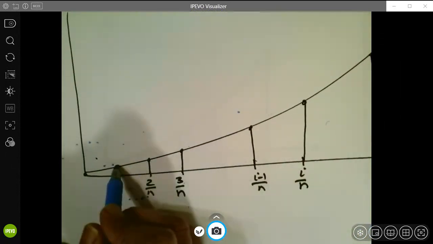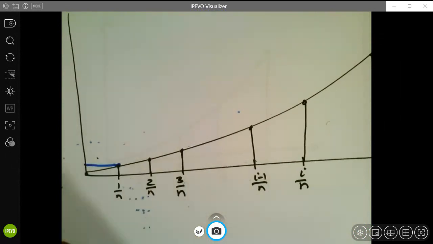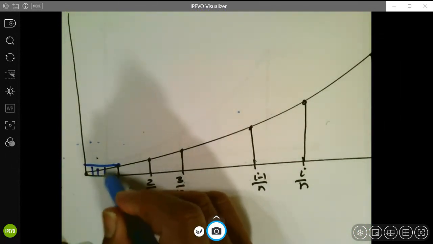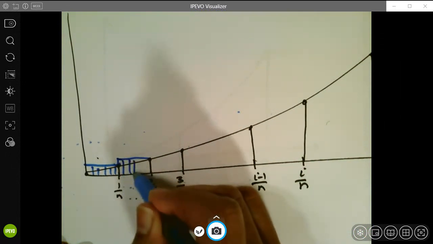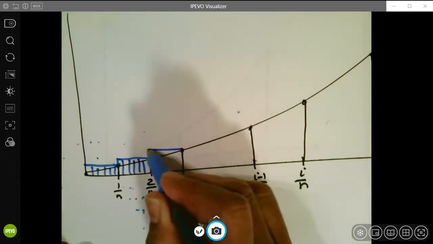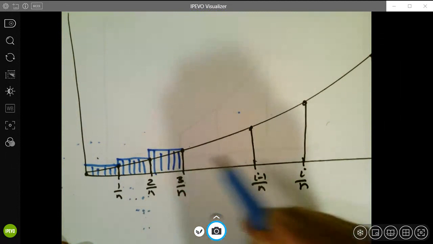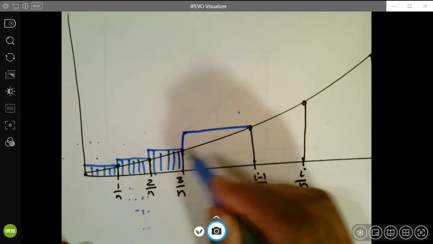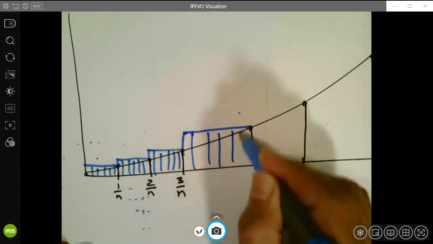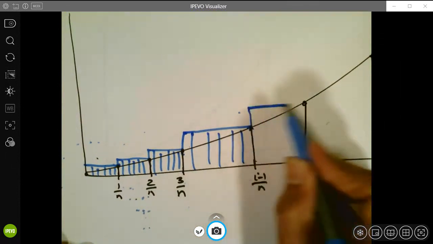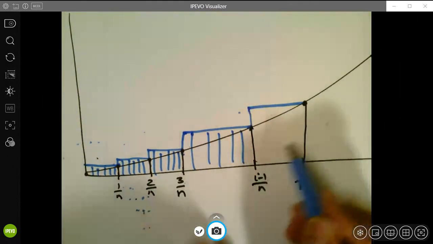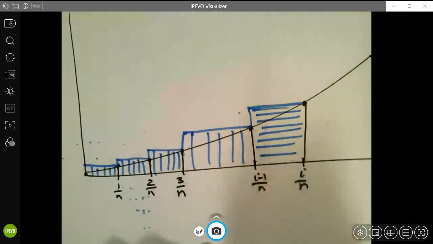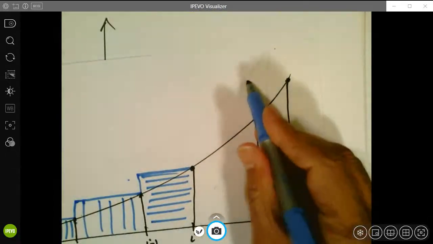So if you take right-hand points, it will be this. Okay, this is one. Then this. And the general one is this one actually. So now the last one will be this one.